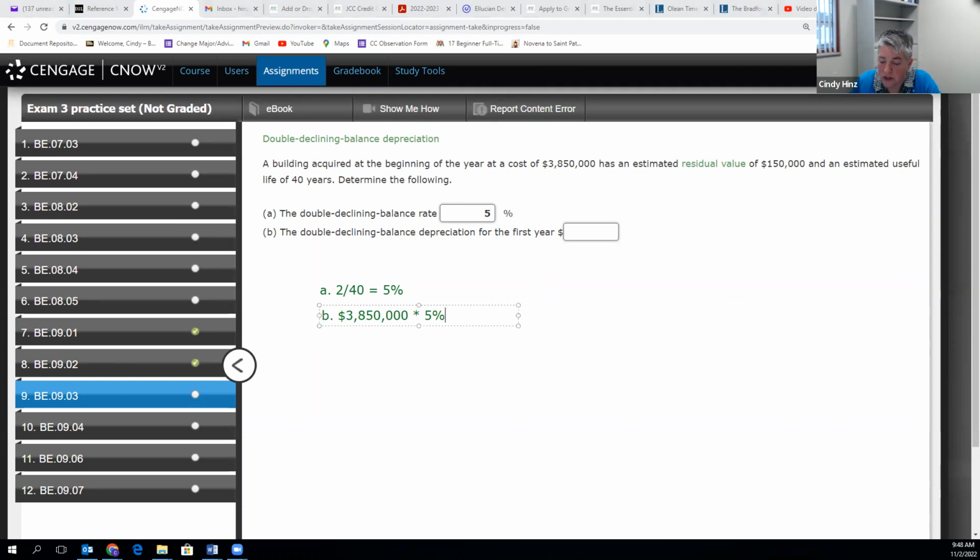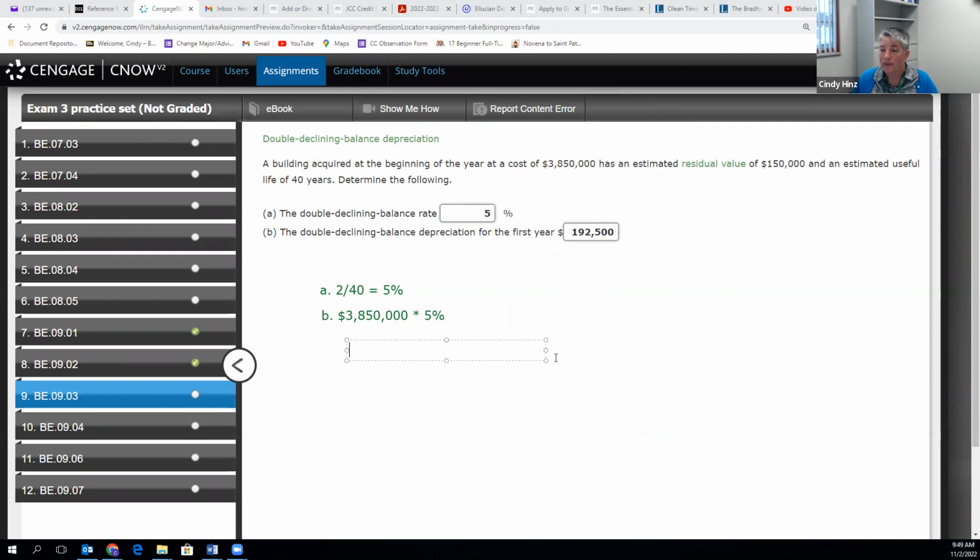We base the first year depreciation on the full original cost of that asset. And so 3,850,000 times 5%, the first year depreciation would be $192,500.